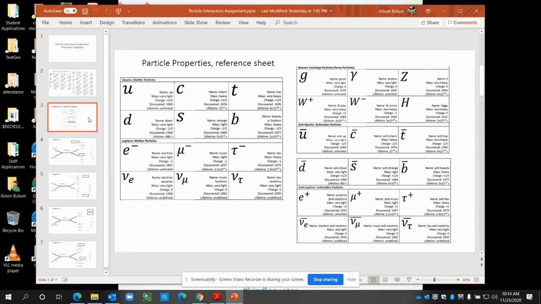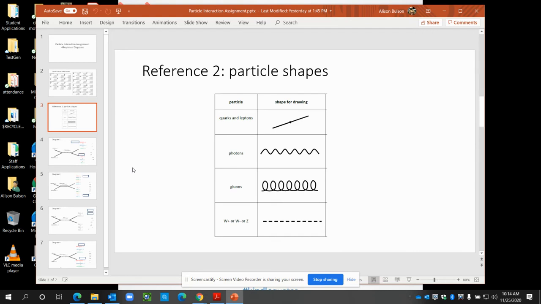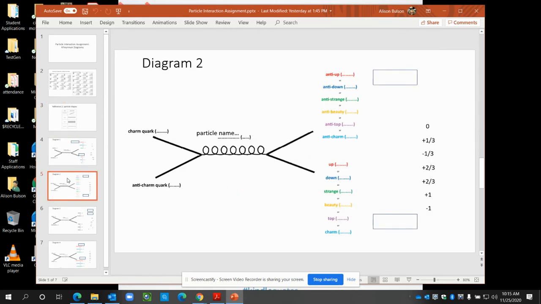The next slide is the diagram shapes for the Feynman diagrams. And then the final 4 slides are the 4 Feynman diagrams you need to complete. They're partially completed. In class, I've given you pretty much diagram 2 as an example, so I would refer you to Tuesday's Zoom recording for help with diagram 2.